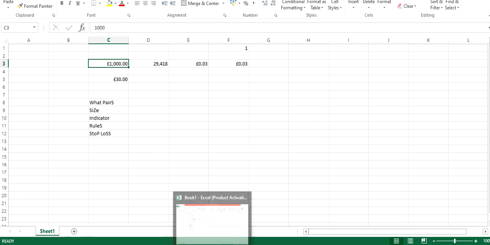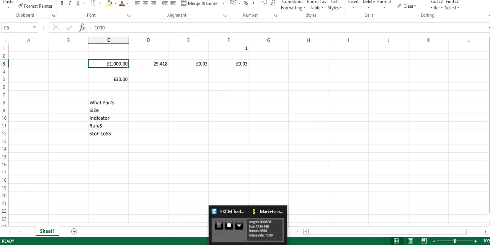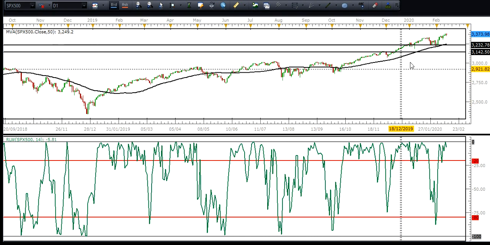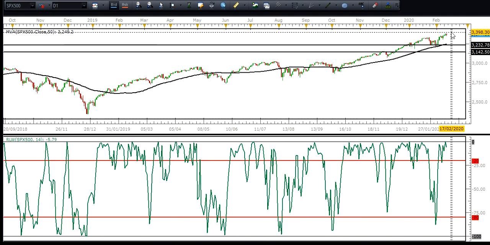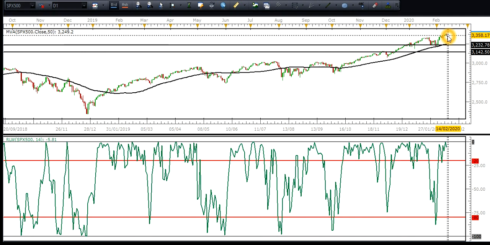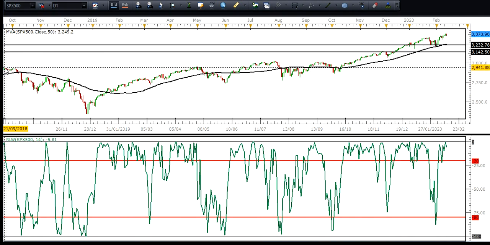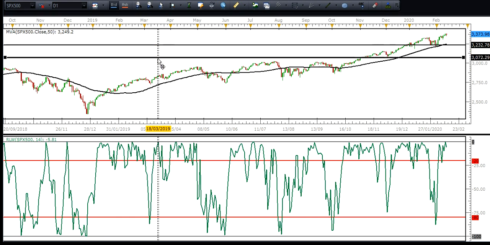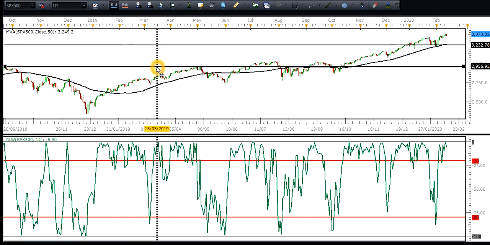This is the daily chart for the last year. This candle you're looking at here is today. This candle on the far left is exactly a year ago, so I'm going to put this line on exactly one year ago.